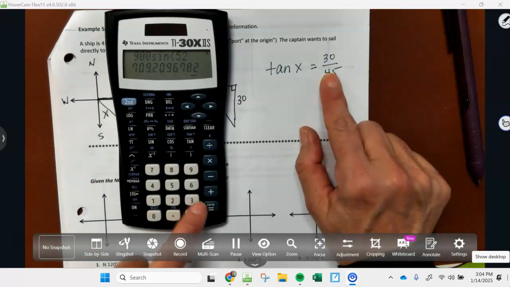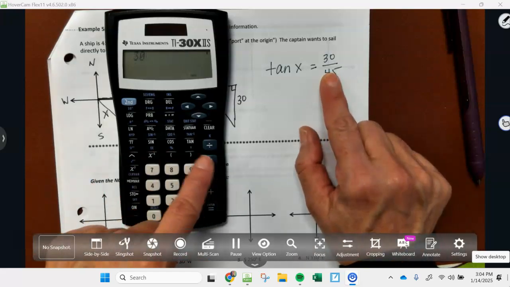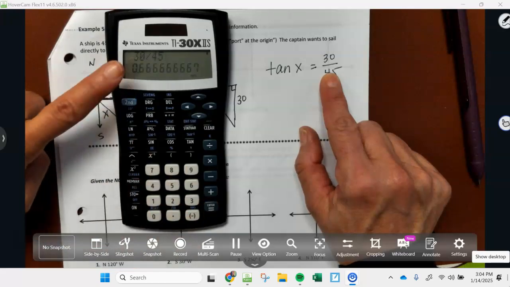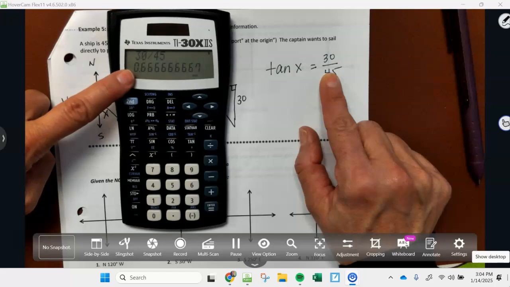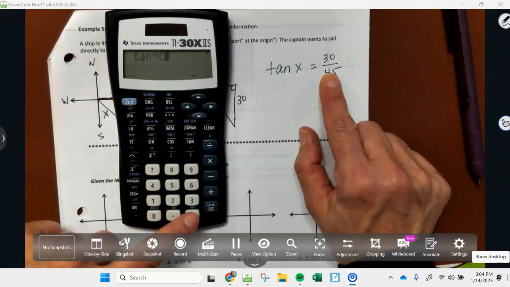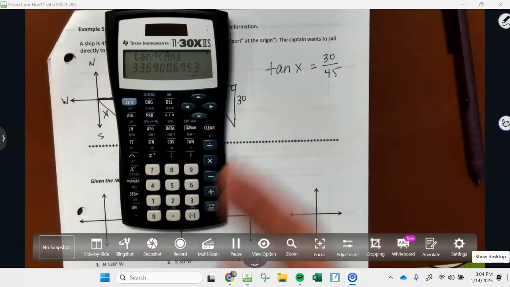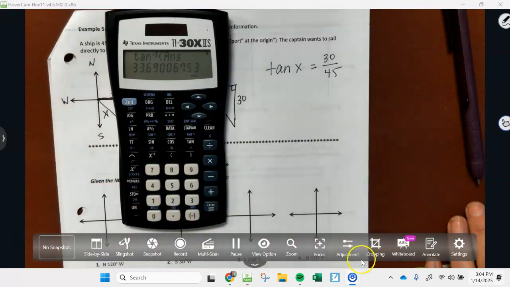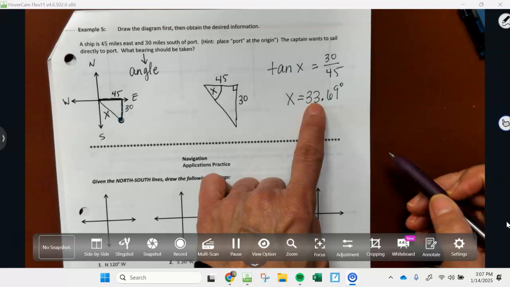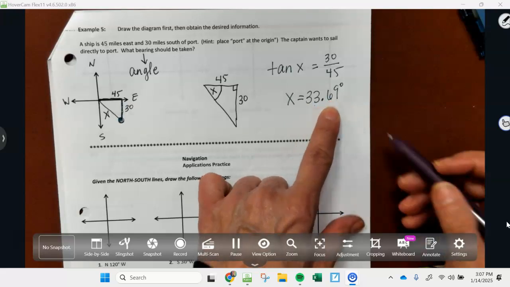So let's go ahead and type 30 divided by 45, and then we're going to hit second tangent, second answer. So that amount is going to be 33.69.